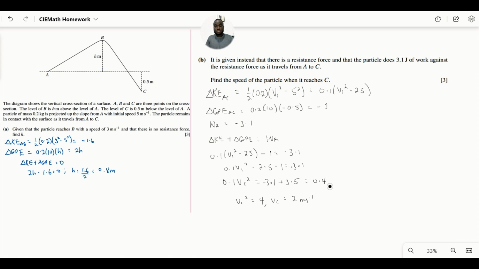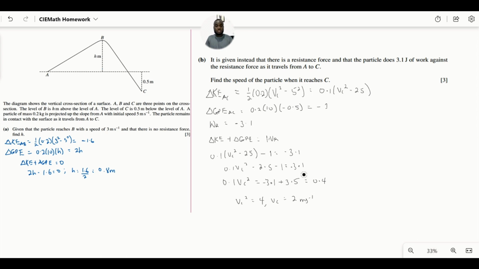What I want you to note here is that the change in kinetic energy would be a positive value if the body ends up with a higher value of speed than it started with for the 2 points you are considering. And change in GPE is positive if the body moves from a lower level to a higher level, and negative otherwise. And work done in the work energy equation is positive if the force involved is acting in the direction of motion, and work done will be considered negative if the force involved is acting against the direction of motion.